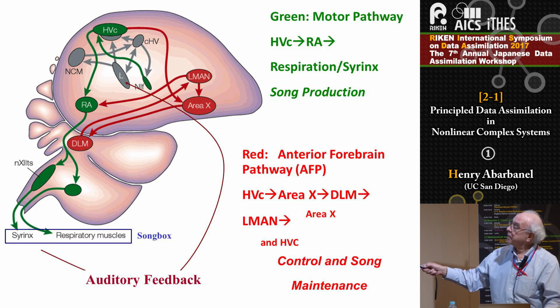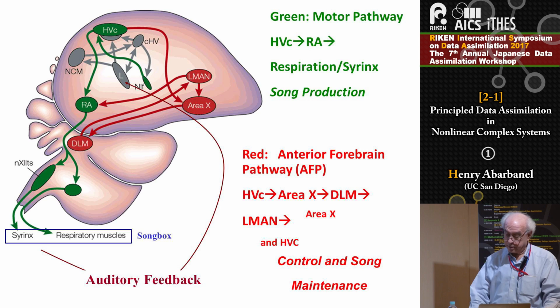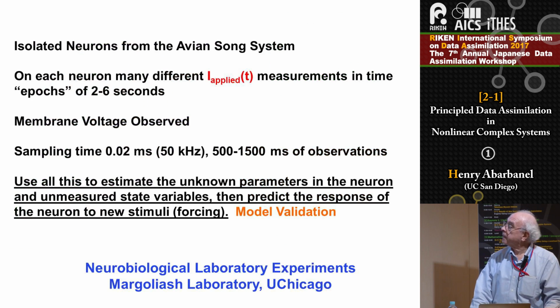Most of the work that has been done in what I'm describing has been on this nucleus of neurons. It's a few times 10 to the fourth neurons, which itself is a major challenge.